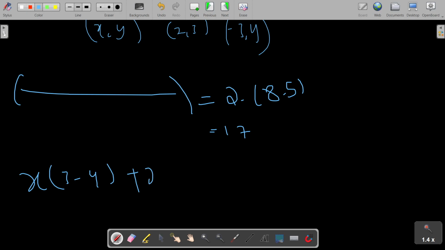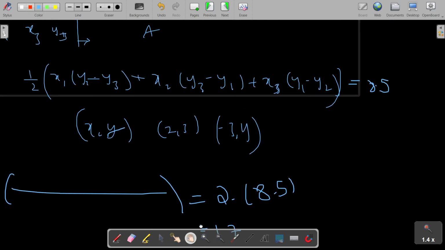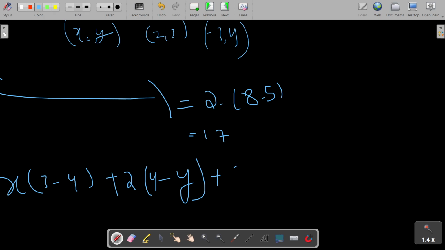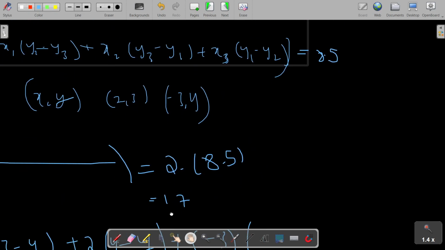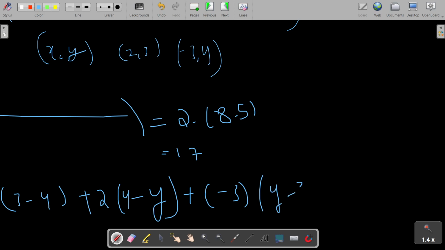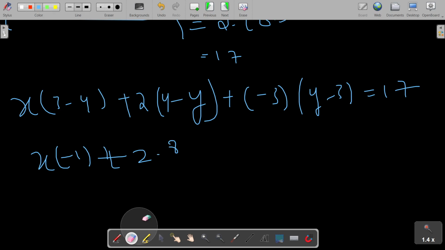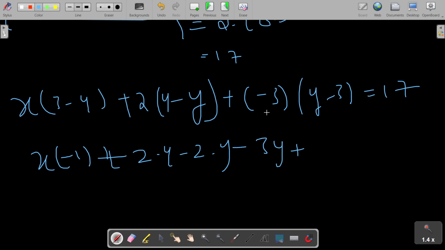Plus x2, which is 2, times y3 minus y1: y3 is 4 and y1 is y, so 4 minus y. Plus x3, which is negative 3, times y1 minus y2, which is y minus 3, equals 17. So x into minus 1, plus 2 into 4 minus 2 into y, minus 3 into y plus 9, because 3 into 3 is 9, equals 17.